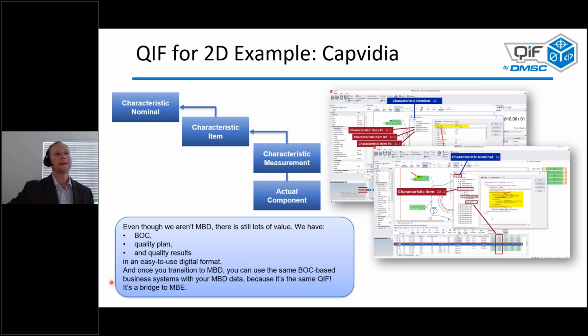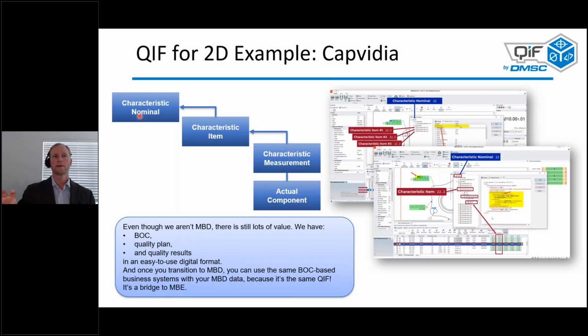The other benefit here is that you start to build business processes and you start to deploy software that works in the world of QIF and is used to managing digital characteristics, your digital bill of characteristics, in QIF. That means that the same structure of characteristics, characteristic measurements, items, nominals, and so forth, is the same set of data structures that exist on the MBD side.